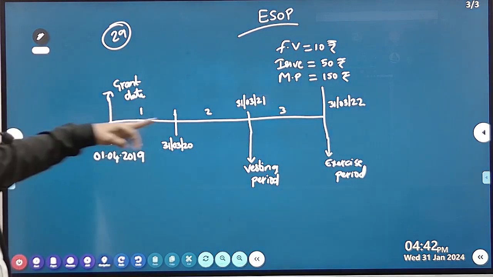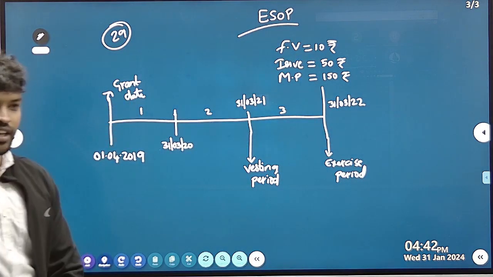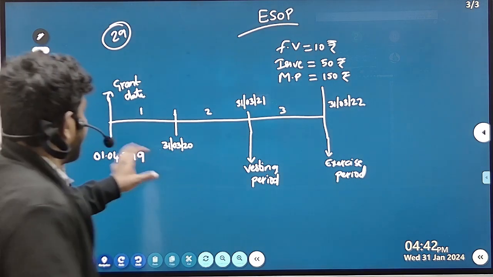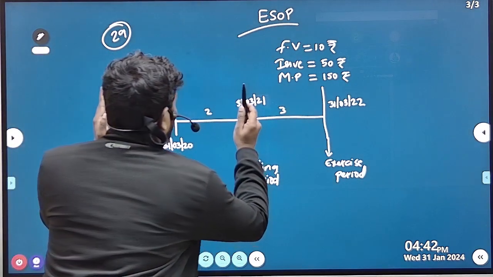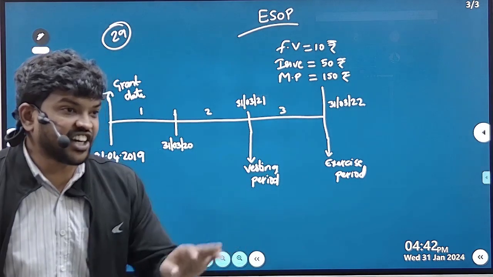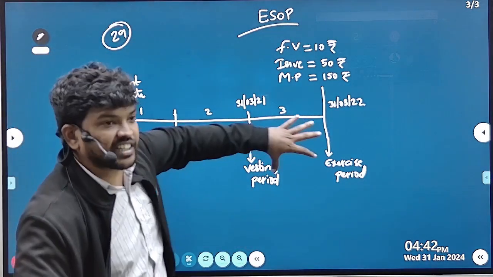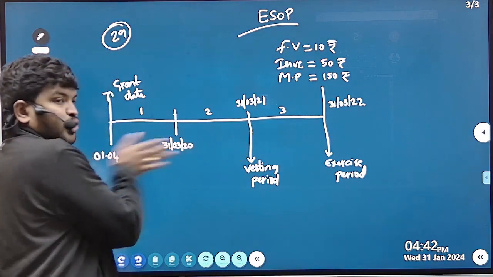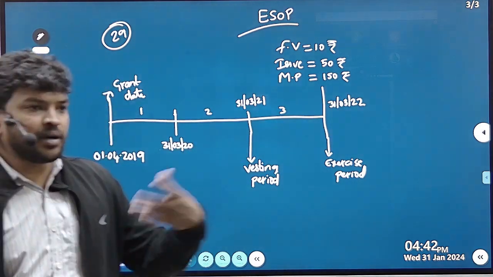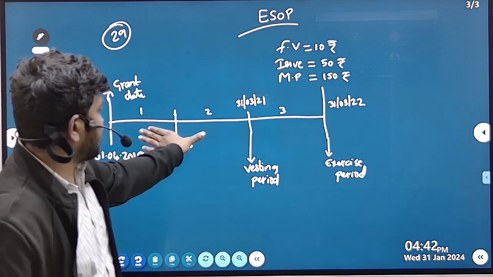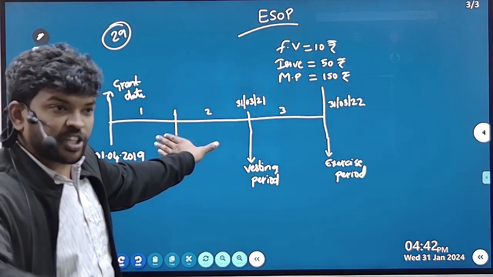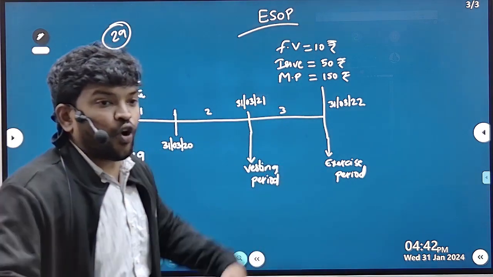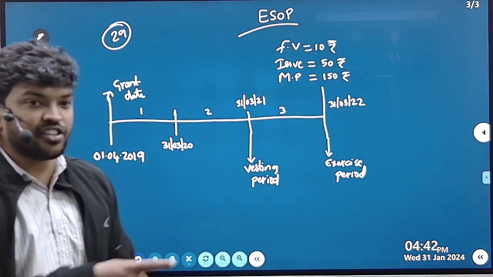अंडरस्टूड ना? ये डायग्राम ले लो, बुक में डायग्राम ले लो. Vesting period is that in these 2 years he has to satisfy certain conditions. Then only he will get the ESOP option. समझ गया? Suppose the company might have told in these 2 years you should work in the same company. After these 2 years only he will get the option to exercise that ESOP option.